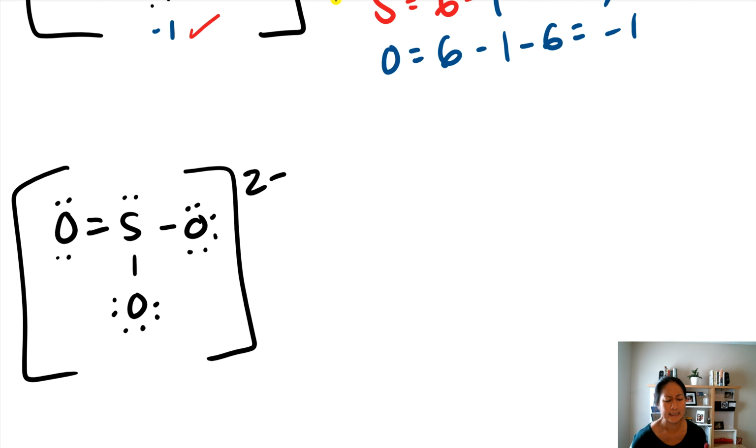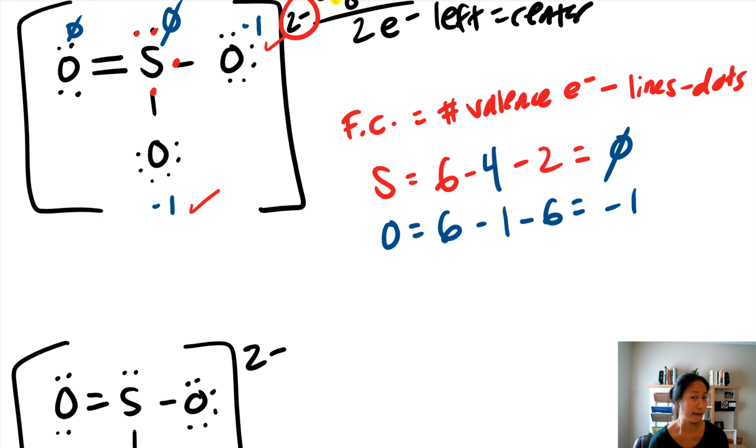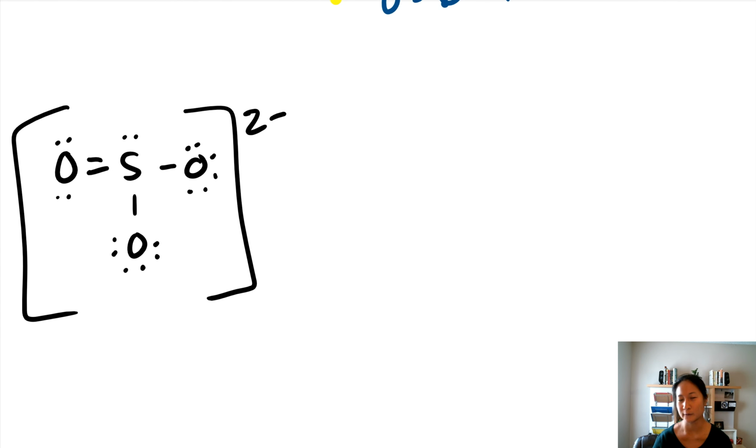Perfect. Now, could I have chosen to make that double bond between the other 2 oxygens? Yes, I could have. So because I could have made double bonds with the other oxygens, that means I could have alternate answers.